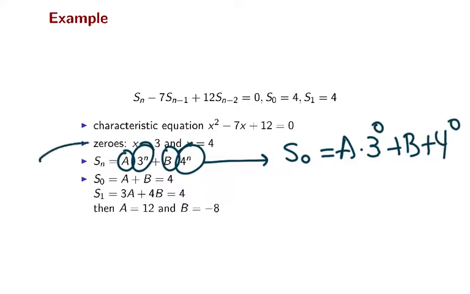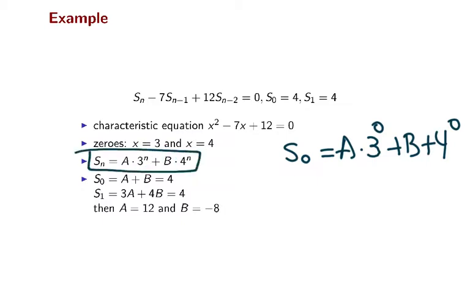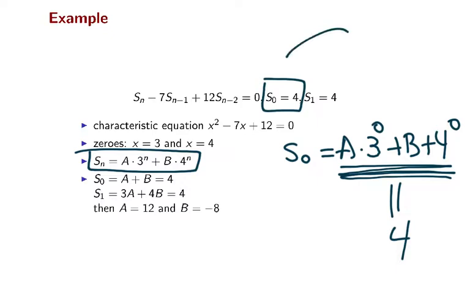So this is just substituting here n by 0 and substituting that in the whole formula. So we can find S0 using this formula, but S0 is also given as data. So what can we do? The thing that we calculate by the formula, we can say, well, that actually has to be equal to 4 because we were told that S0 is 4.